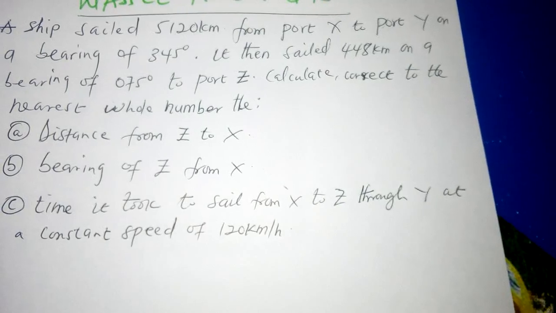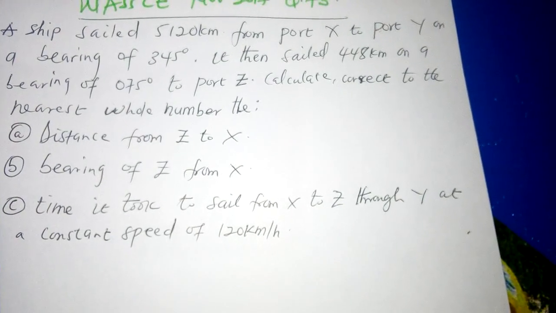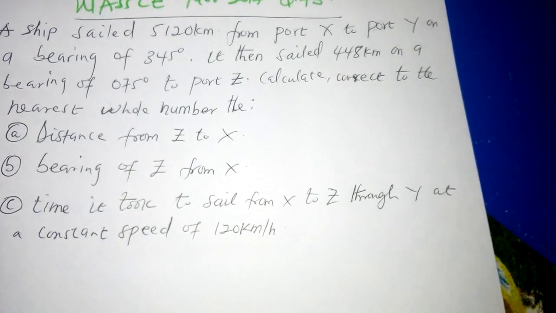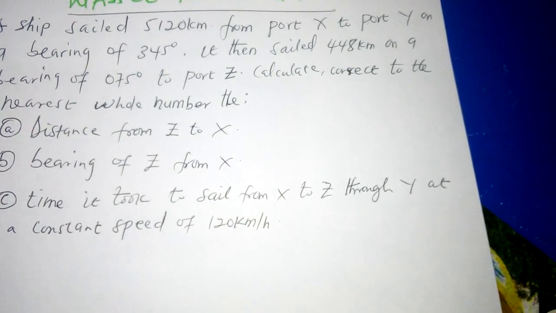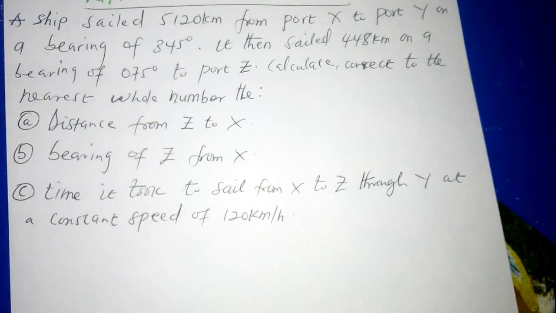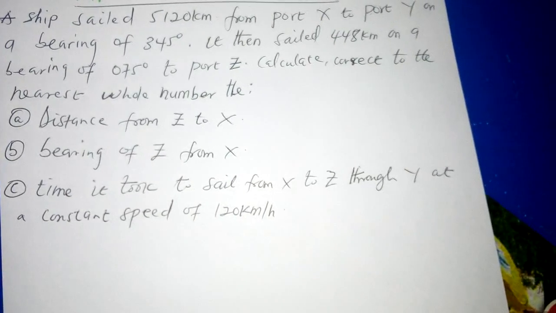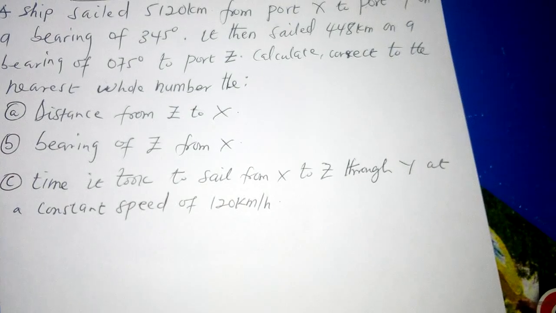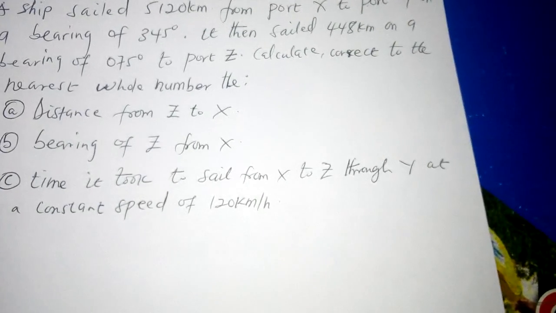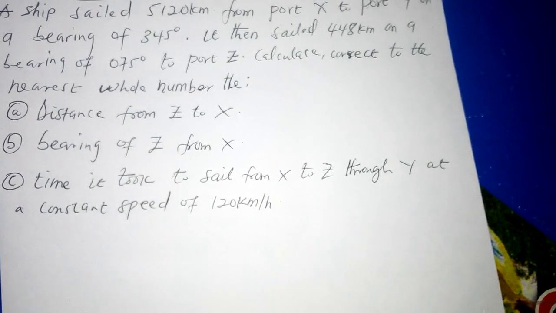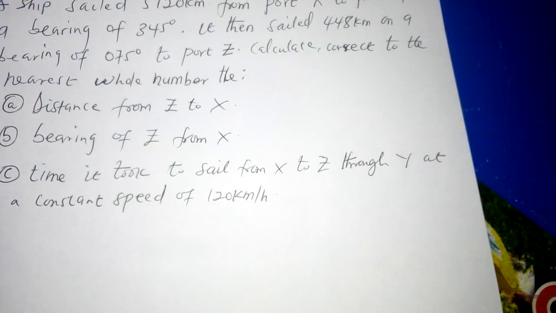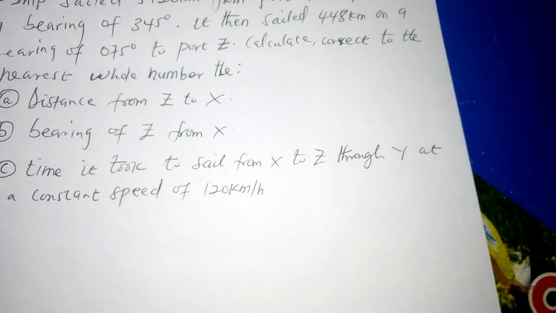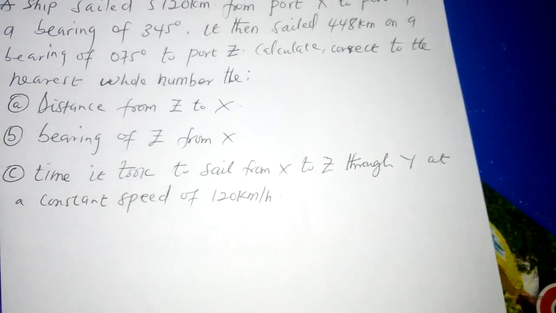It then sails 448 kilometers on a bearing of 075 degrees to port Z. Calculate, correct to the nearest whole number, the distance from Z to X, and the bearing of Z from X. Then c says calculate the time it took to sail from X to Z through Y at a constant speed of 120 kilometers per hour. So let's jump straight in.